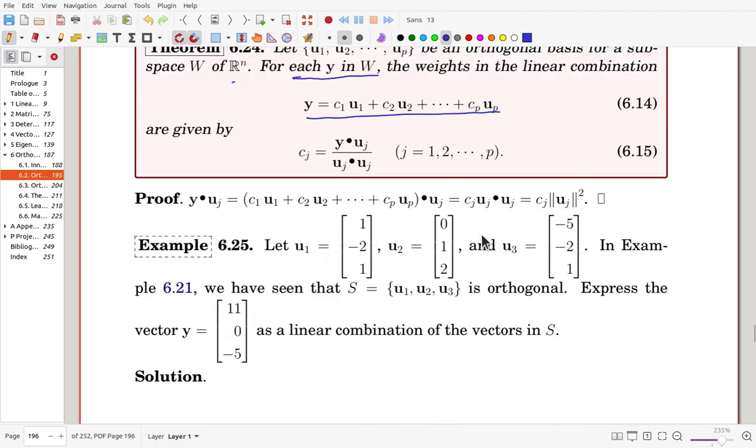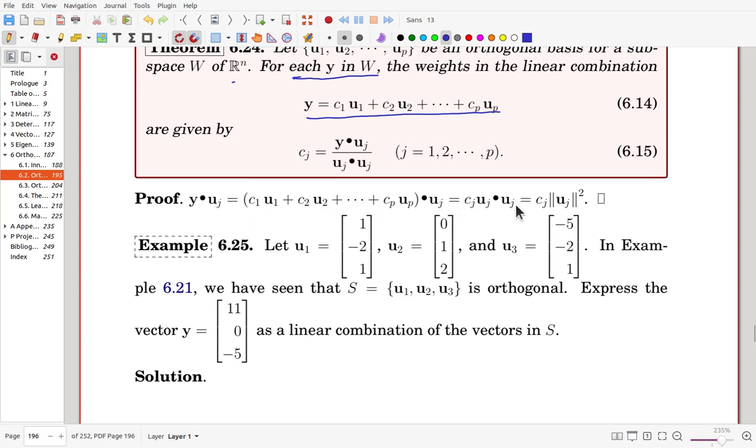To find, for example, Cj, we take the dot product of y with uj. Because it is an orthogonal basis, except for the jth term, everything else will be 0.